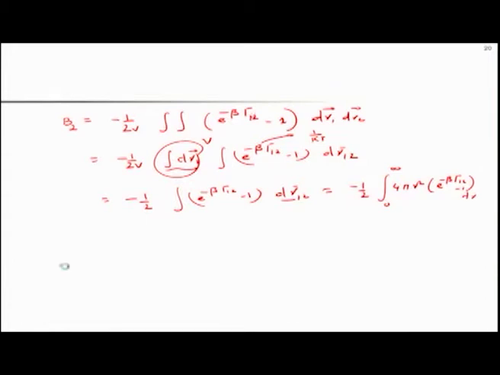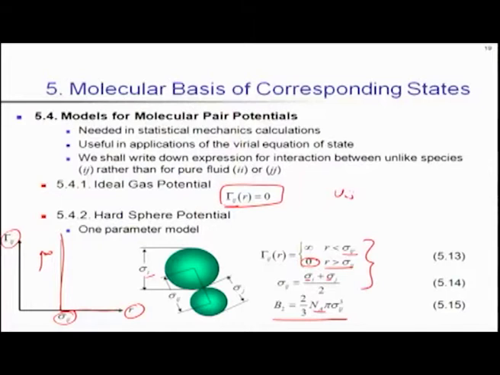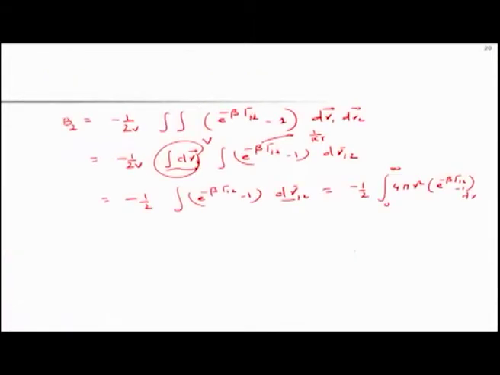Since the potential model has 2 parts, depending on whether r is less than or greater than sigma ij, and considering the same particle, that means of size sigma, we can rewrite this expression as minus 1 by 2 times the integral from 0 to sigma of 4 pi r squared dr, plus the integral from sigma to infinity of 4 pi r squared times the same term dr. When r is less than sigma, gamma is infinity, so the exponential term will be 0, and this will be only minus 1.